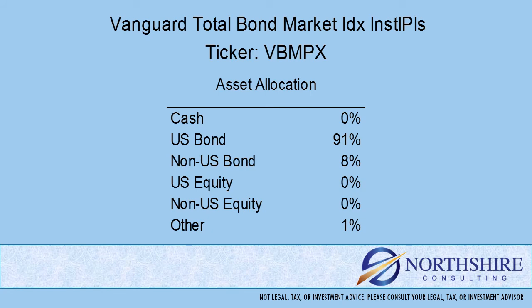What that means is it's going to be a little bit more conservative. History tells us that bonds have produced us a lower rate of return, but also with a little bit less risk. The other ratio we want to look at is US versus non-US. As you can see by this portfolio, it's primarily invested in the US. So we want to make sure that fits in with our overall allocation and our complete risk tolerance profile.